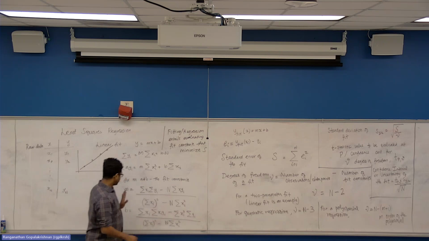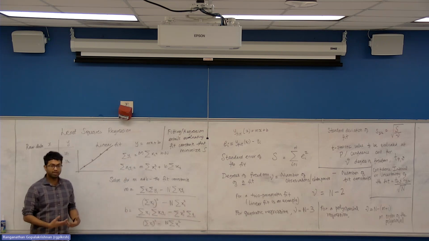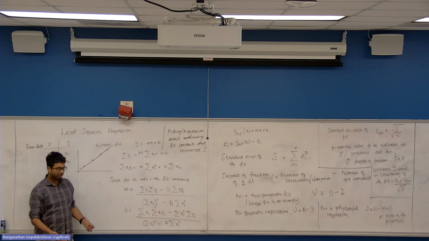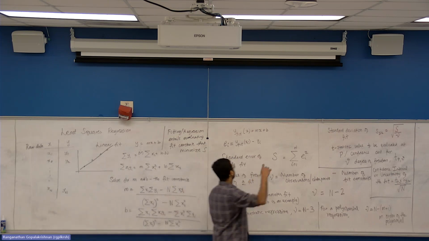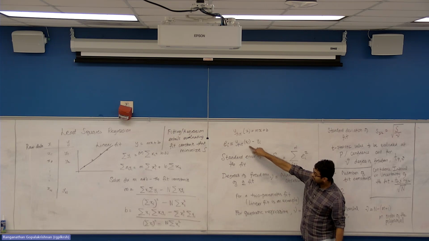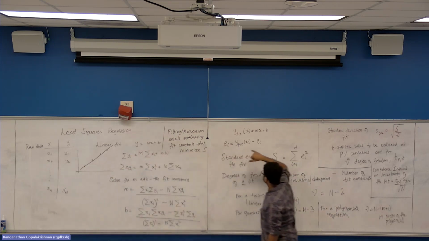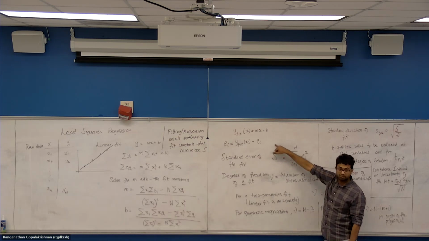Now, once the m and b values are calculated, we have to evaluate the quality of the fit and the confidence in the fit. We start by defining an error, which is the prediction of the fit at a given x value, let's say x1 or x2 or whatever, minus the corresponding y value.